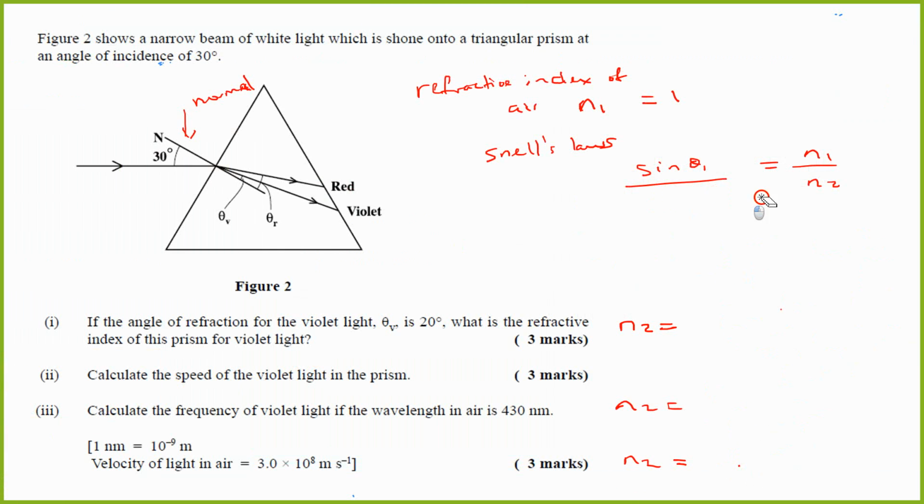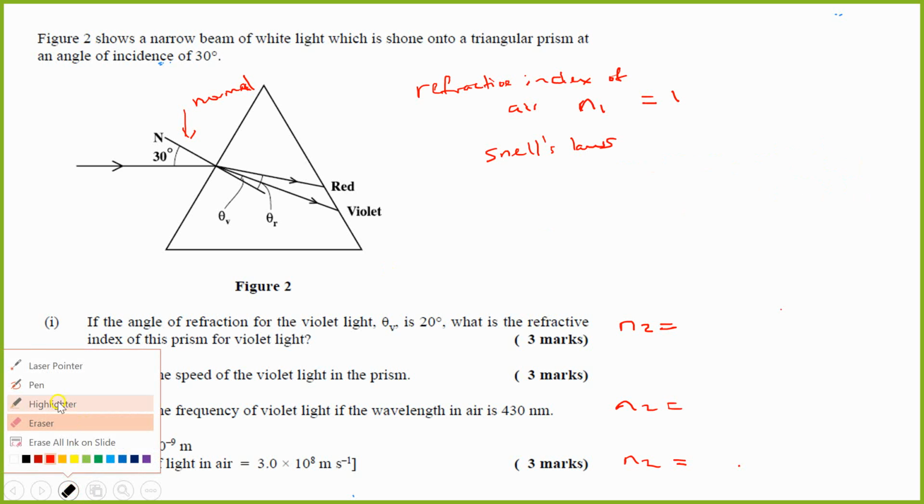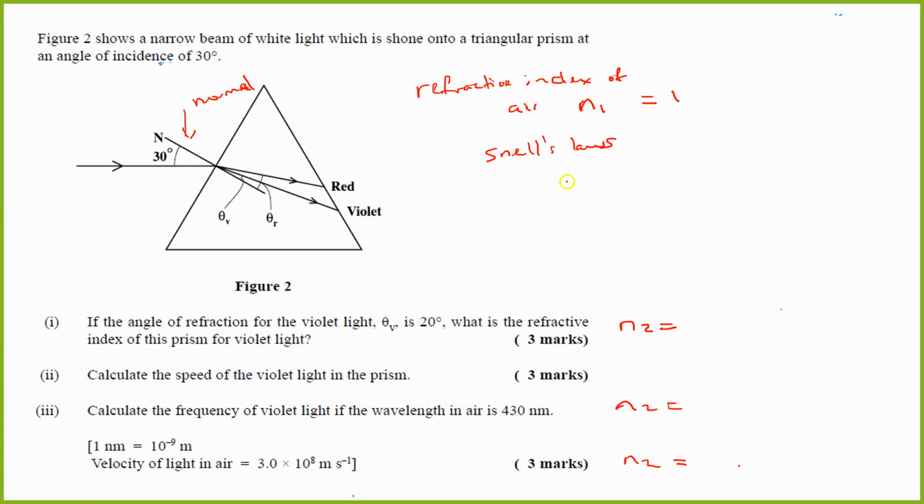The easiest way to remember Snell's law: if we say n1 sine theta 1 equals n2 sine theta 2, if we keep the 2's together and the 1's together, we can't go wrong. Follow me? This is Snell's equation, by the way.